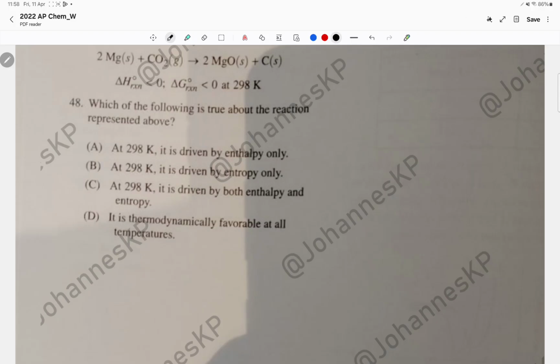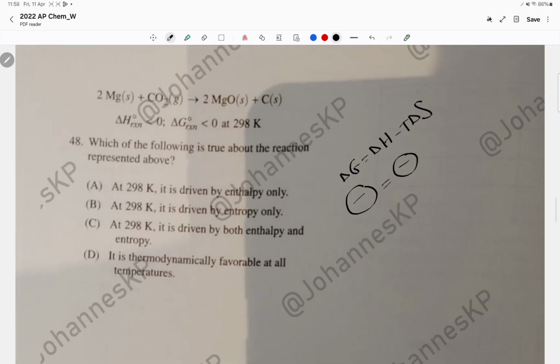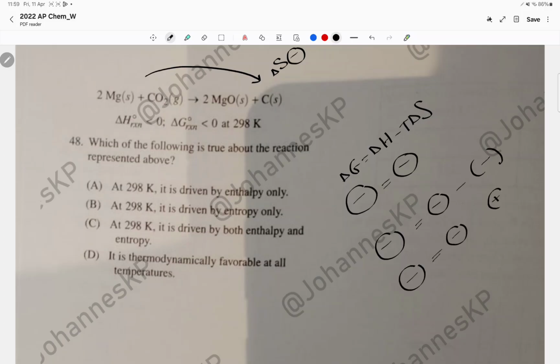So guys, look, delta G is equal to delta H minus T delta S. Now delta G here is negative, and delta H is also negative. But how about delta S? Do we have less or more entropy as we go from left to right? Less. Delta S is negative. So negative is equal to negative minus negative, which is negative with positive.